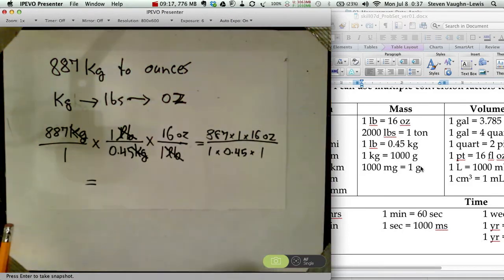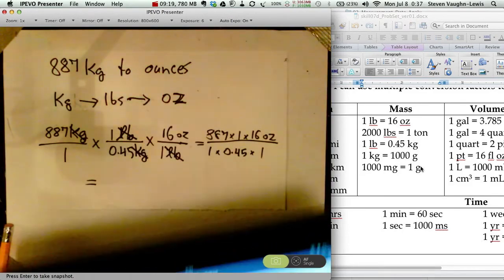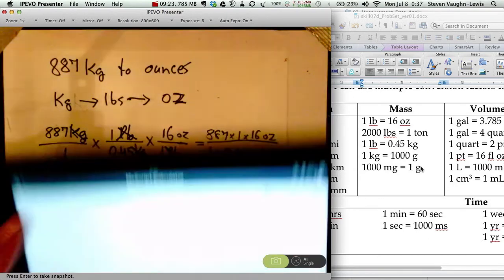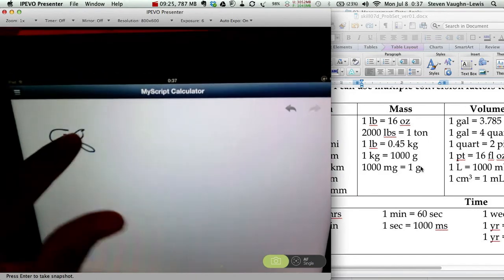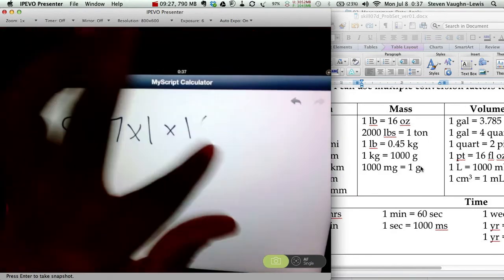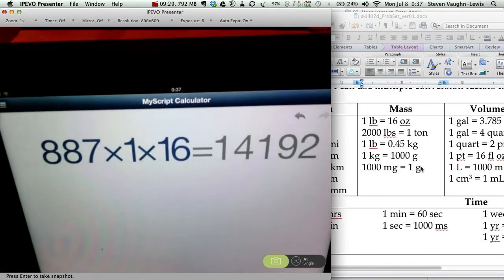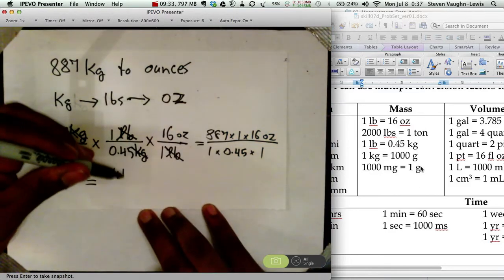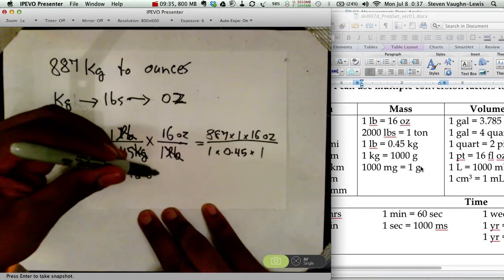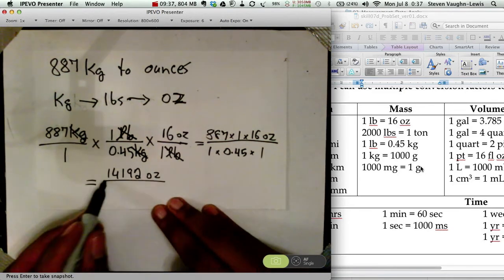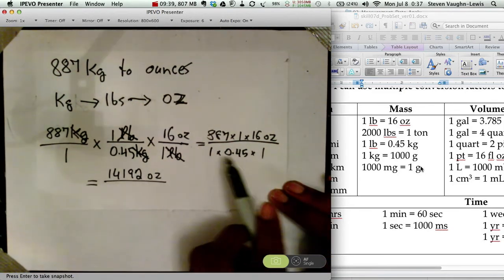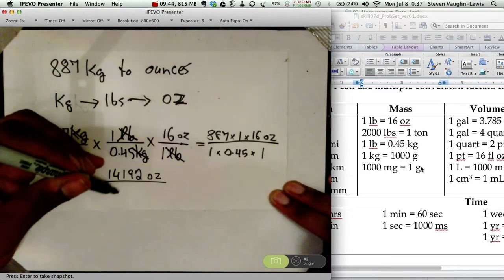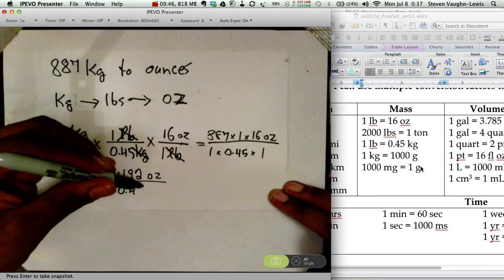Oh, you know my password now. Oh well, I have to change it. Let's see, 887 times 1 times 16. That's going to give me 14192 oz on top, and 1 times 0.45 times 1 is equal to 0.45.